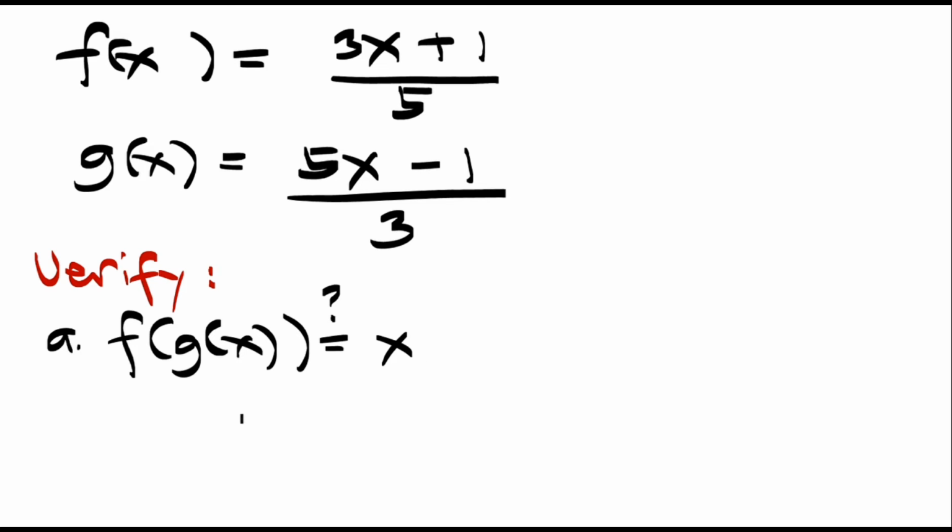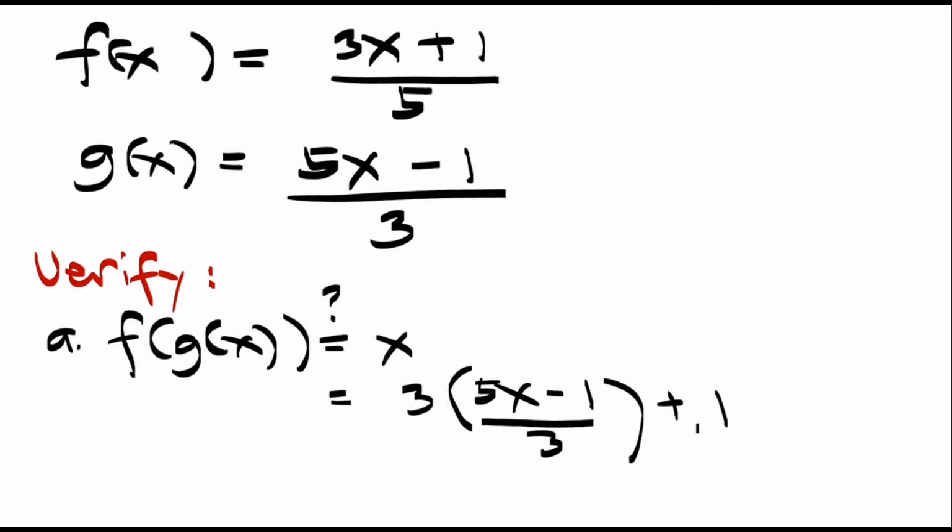So f of g of x equals, we'll be using the function f of x, and the variable of that function will be replaced by g of x. So we have here 3 times g of x, which is 5x minus 1 all over 3, and then we have here plus 1 all over 5.